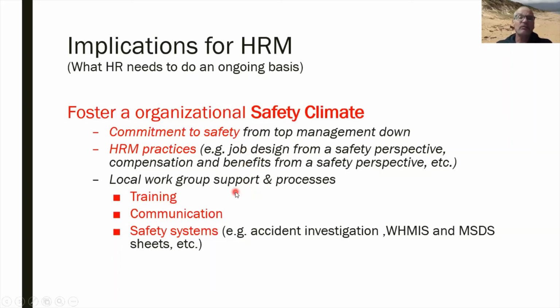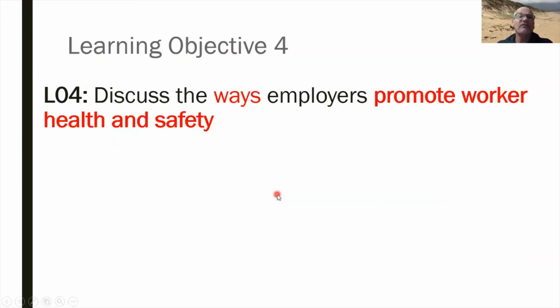And really the administrative part of health and safety from an HR point of view is important. So that's setting up the training courses, doing a lot of the communications around training, so getting the word out, and making sure the safety systems are in place. So accident investigation systems, WHMIS, and MSDS, or SDS as we now call it. Okay, so to cycle back then for Objective 4, ways employers promote health and safety.